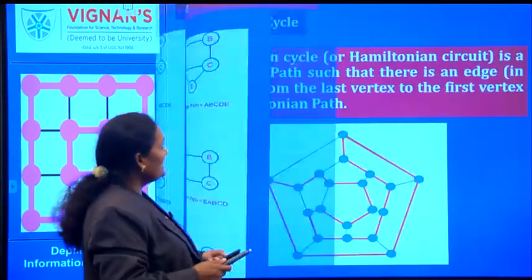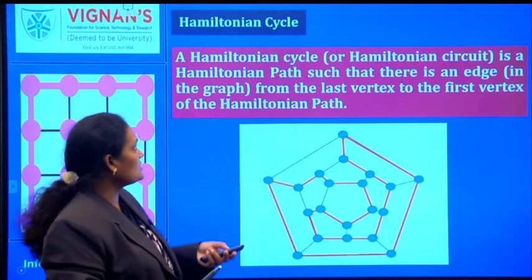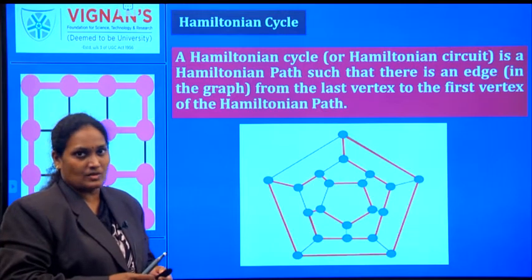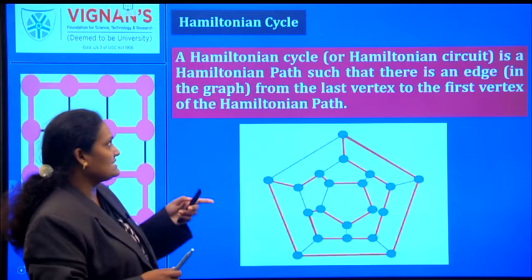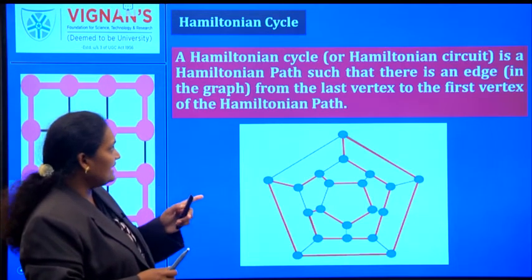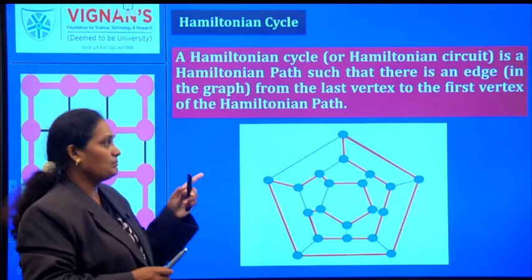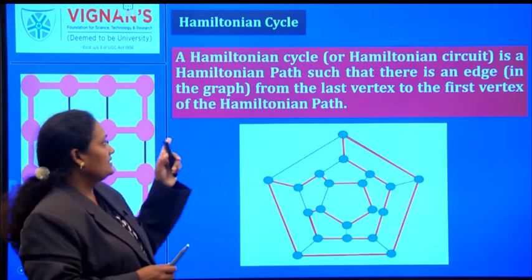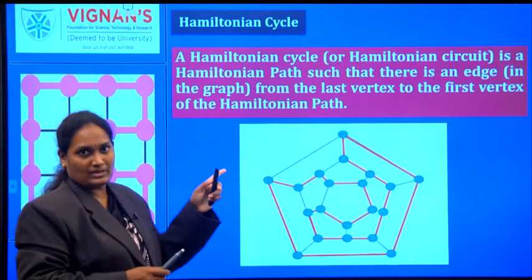Now let us see the Hamiltonian cycle. What is a Hamiltonian cycle? It is also called a Hamiltonian circuit. A Hamiltonian circuit is a Hamiltonian path such that there is an edge from the last vertex to the first vertex of the Hamiltonian path.